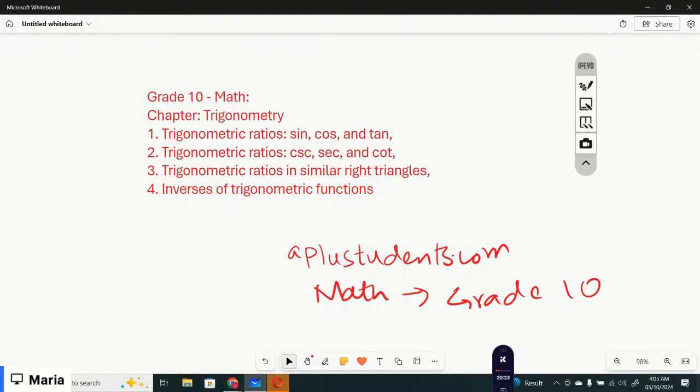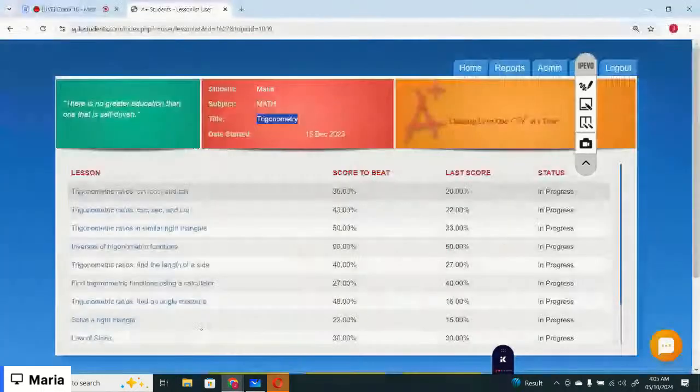So please make sure you have your notebook and pencil so that you can note down the important examples and definitions as well. So here I am on the chapter trigonometry, grade 10 math.